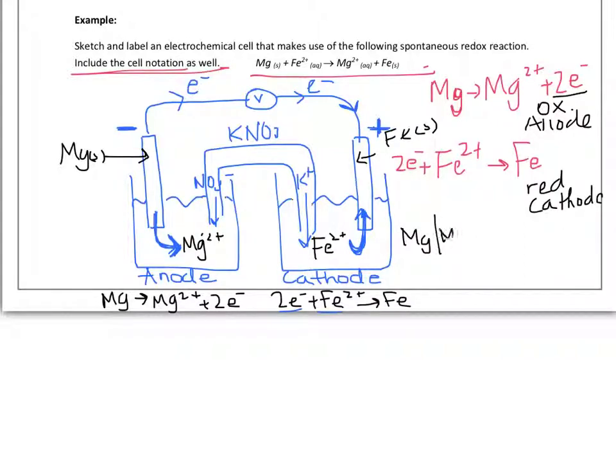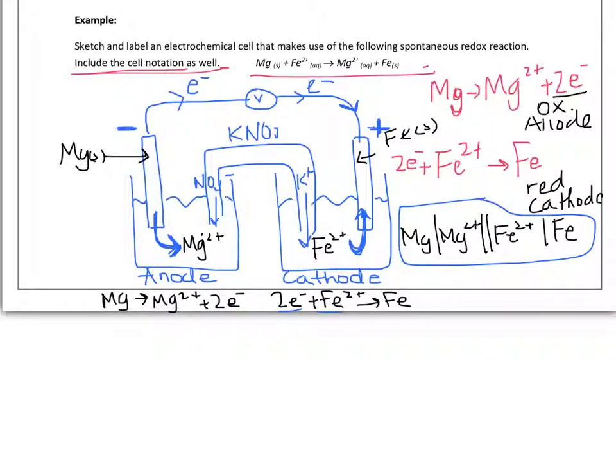What's in solution? Mg2+. Two straight lines to represent the salt bridge. What's in solution at the cathode, which would be Fe2+, straight line. What's at the electrode of the cathode, which is Fe. And this would be your electrochemical cell notation.